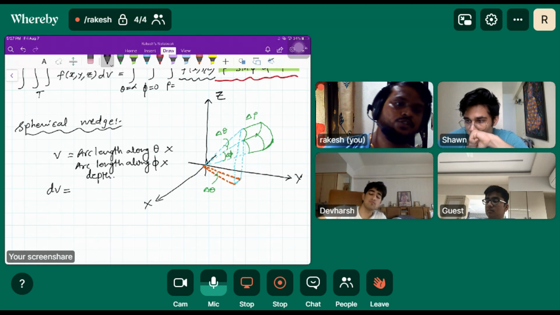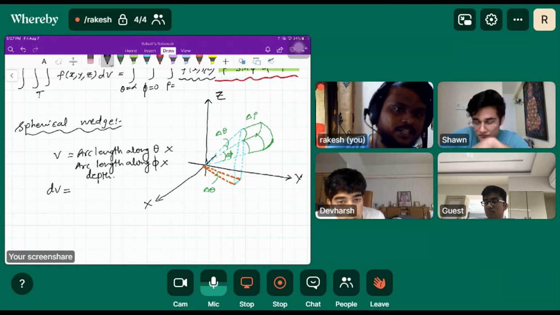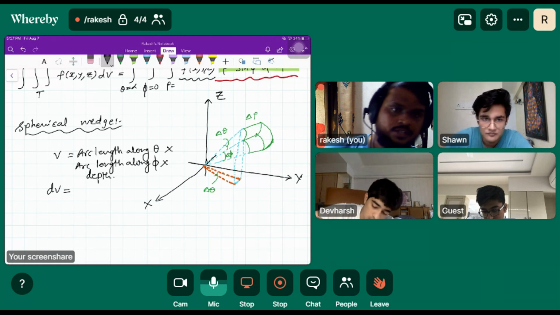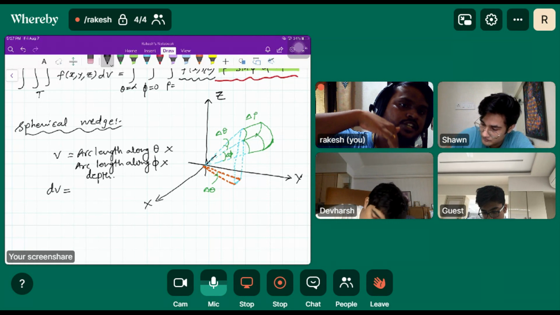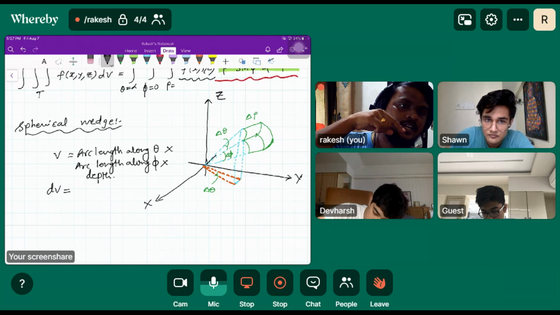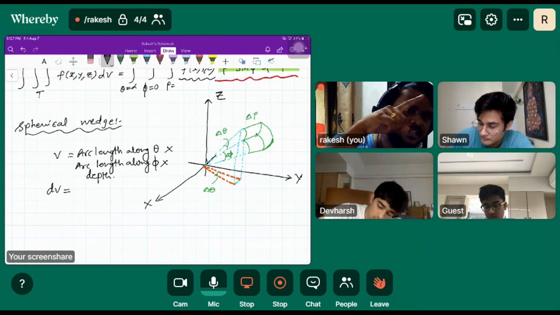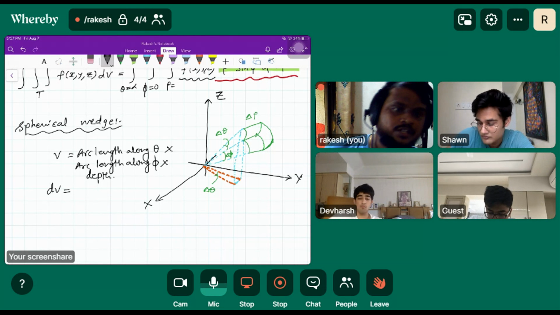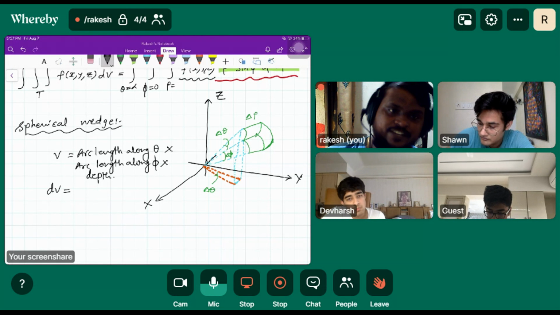This is how we find out the volume of any spherical wedge. You can relate your concept over here: the arc length along theta, the arc length along phi, and the depth. That would give you the volume of this spherical wedge.